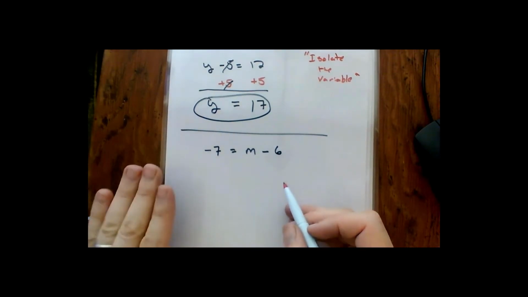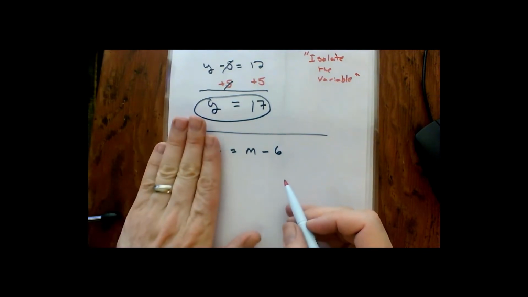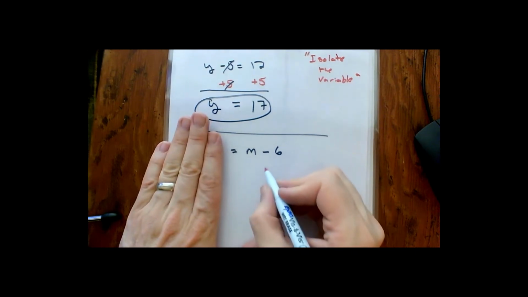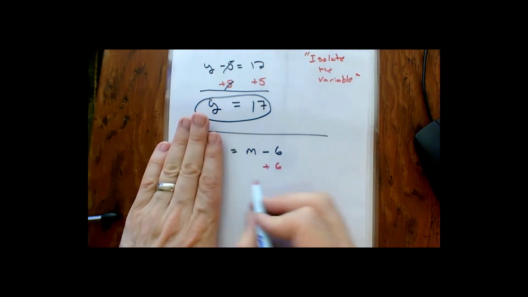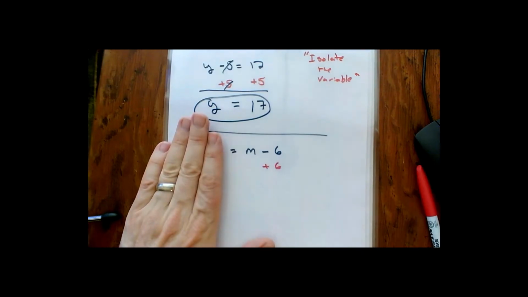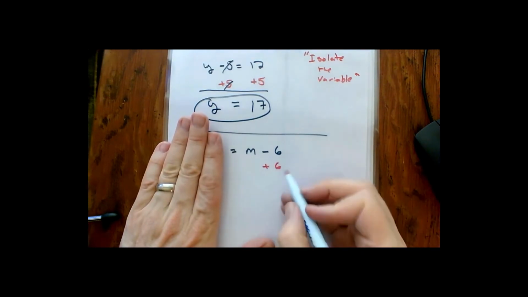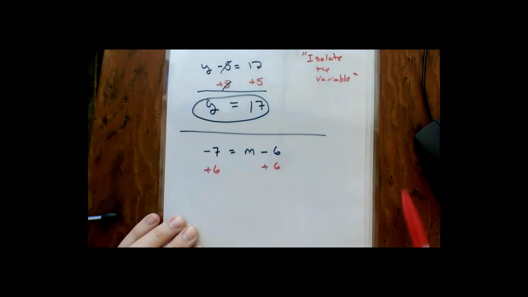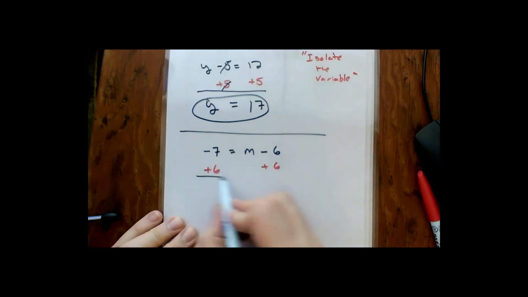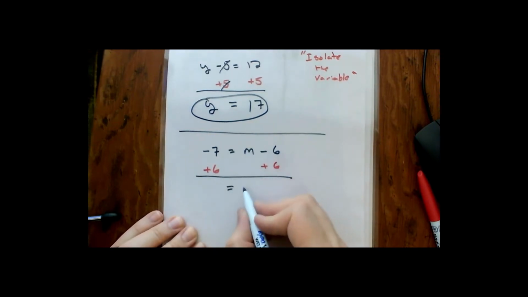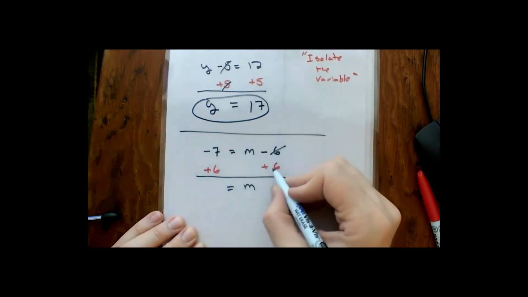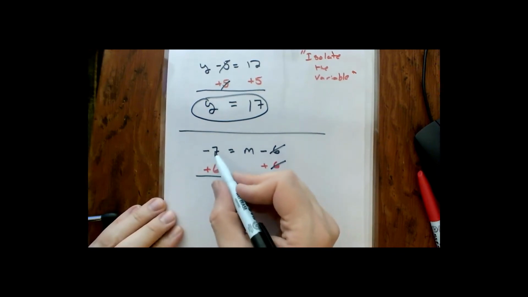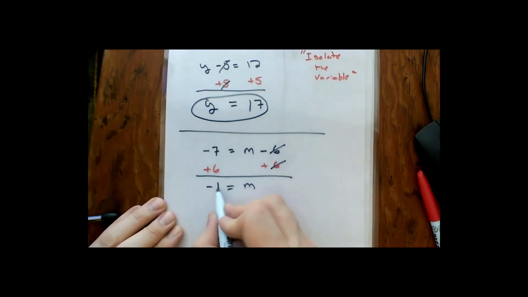I want to look at whatever side my variable is on and see what I have to do to get that variable by itself. I would need to add 6 on the right, which means whatever I do on one side, I've got to do the same thing on the left. I'm adding the same quantity on both left and right. On the right I'm just left with m, because negative 6 plus 6 is 0, and m plus 0 is just m. Negative 7 plus 6 would be negative 1.